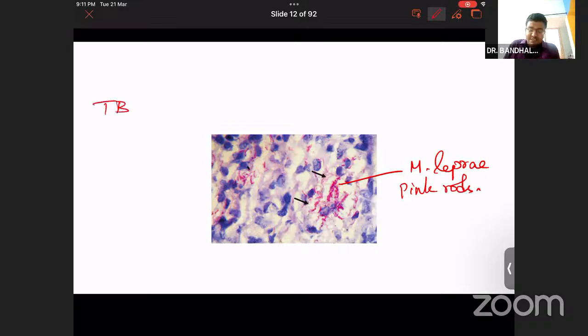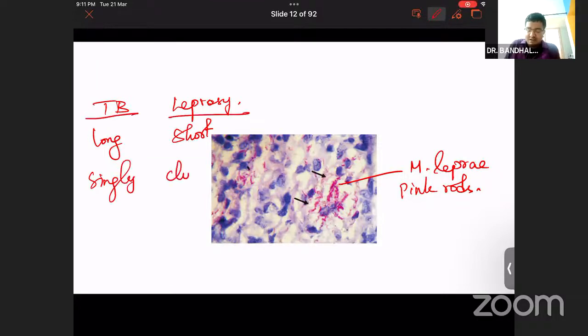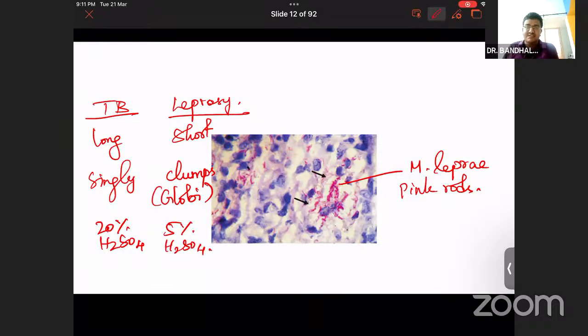For TB and leprosy, the differentiating feature is that TB bacilli are long and these are short. TB bacilli lie singly, and leprosy bacilli will be in clumps, known as globi. These are some differentiating features in the ZN stain: 20% H2SO4 versus 5% H2SO4. That is very important. Right?